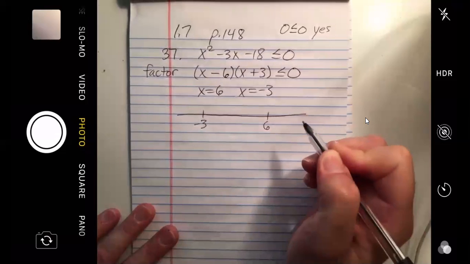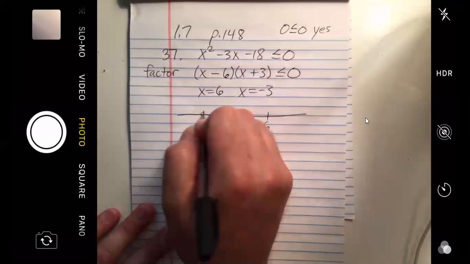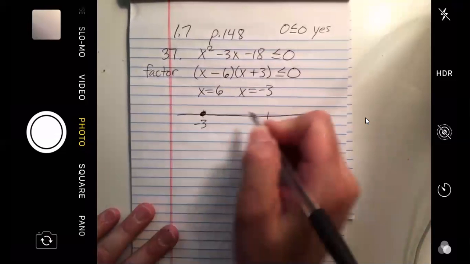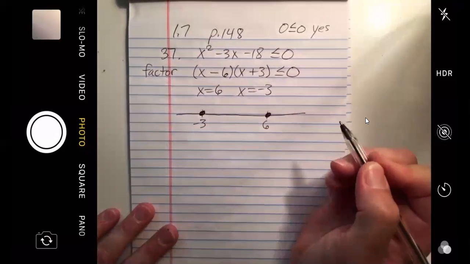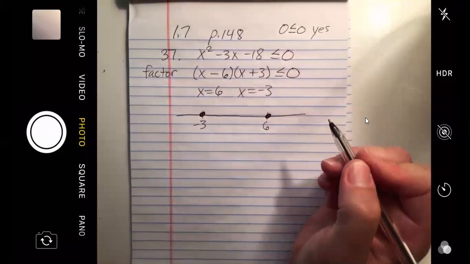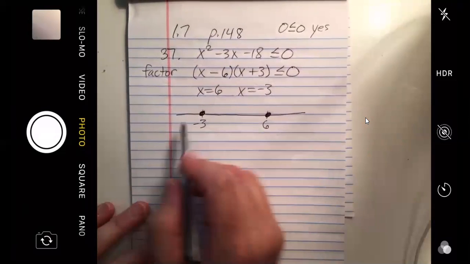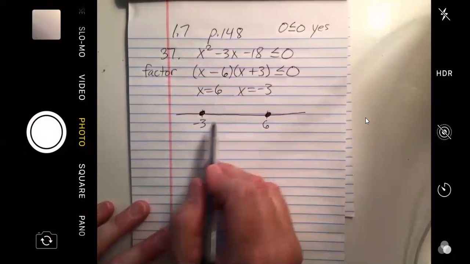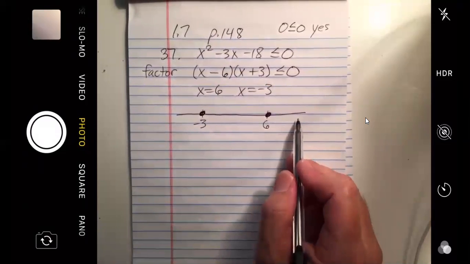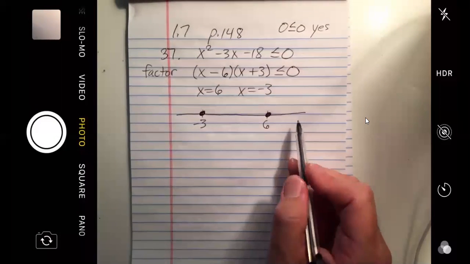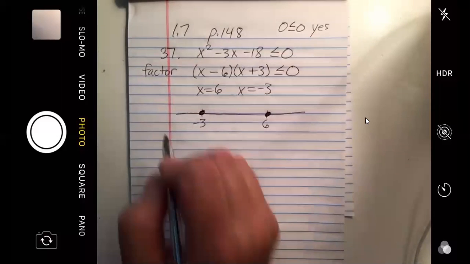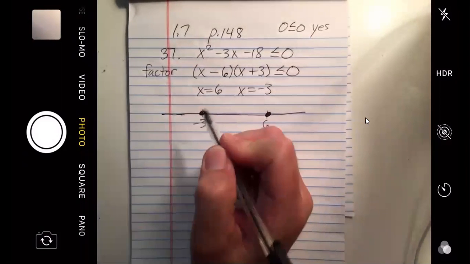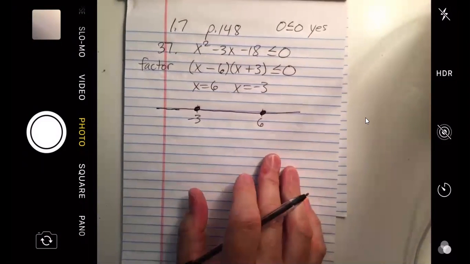These are going to have closed circles because they actually work. But numbers either side of them in one of these three intervals also work. Which ones are they? I don't know. I'm dying to find out. Literally.